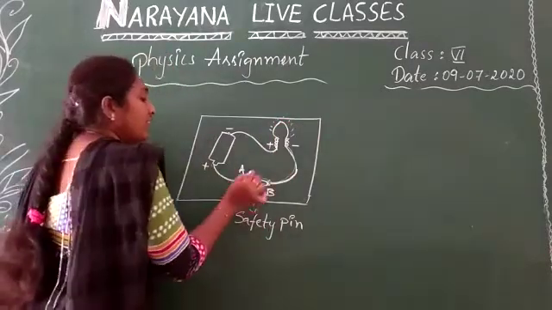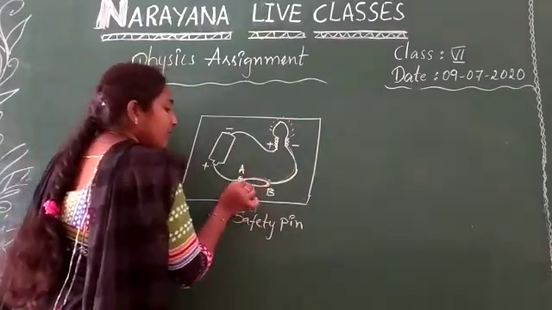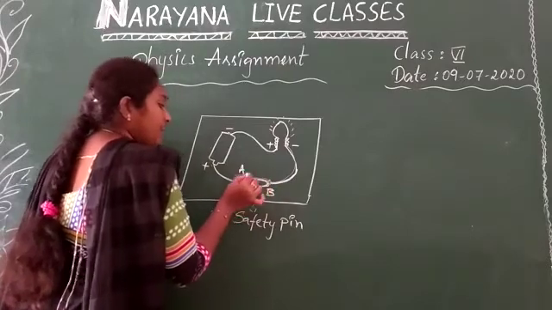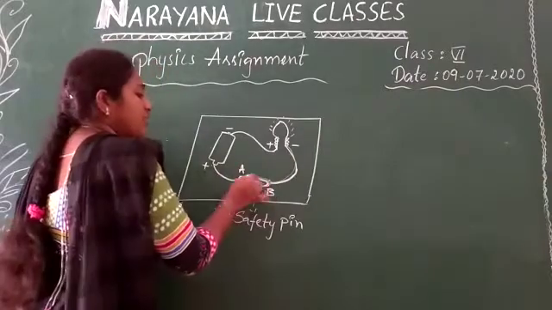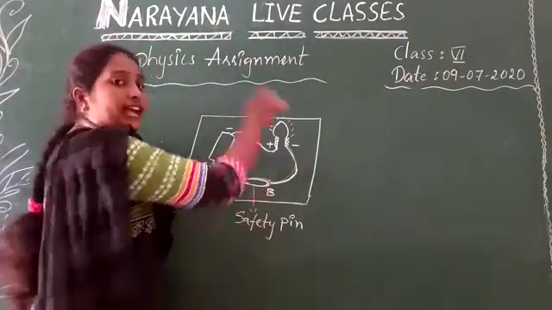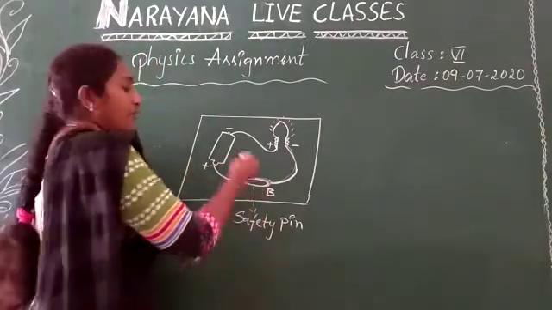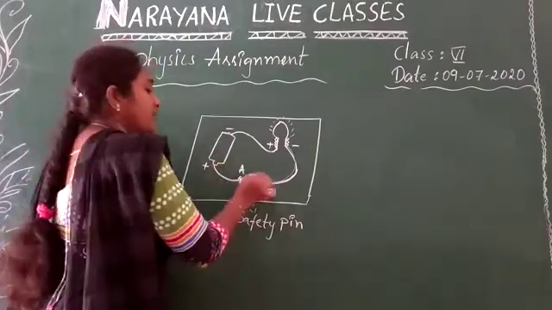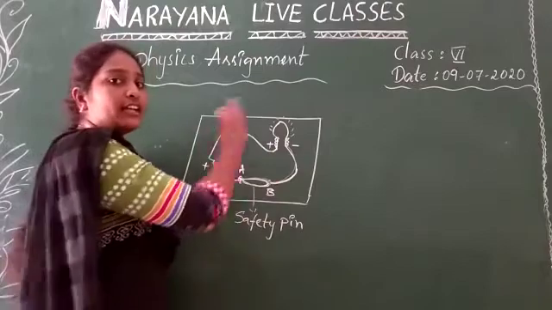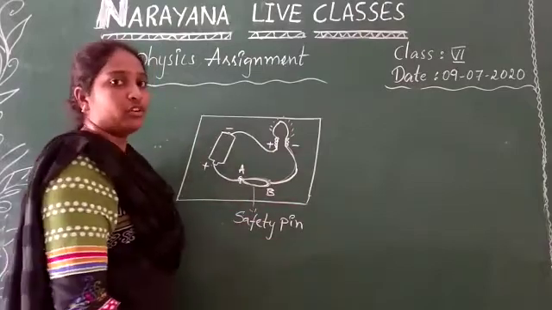So here the switch plays a main key role. The switch plays a vital role in the entire circuit, in the flow of electricity from one place to another. Okay, thank you.